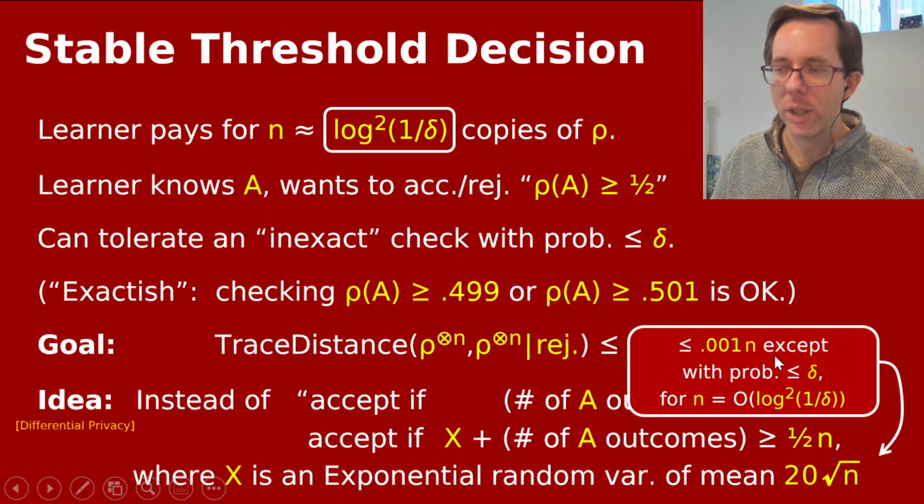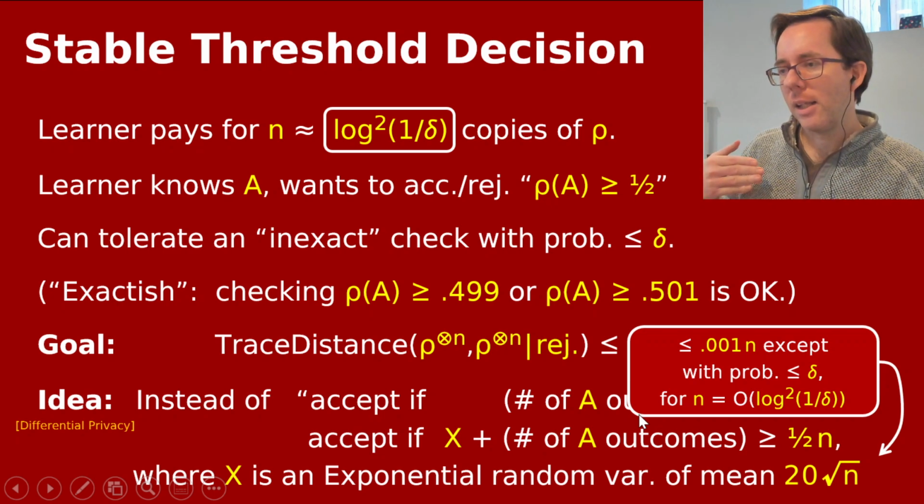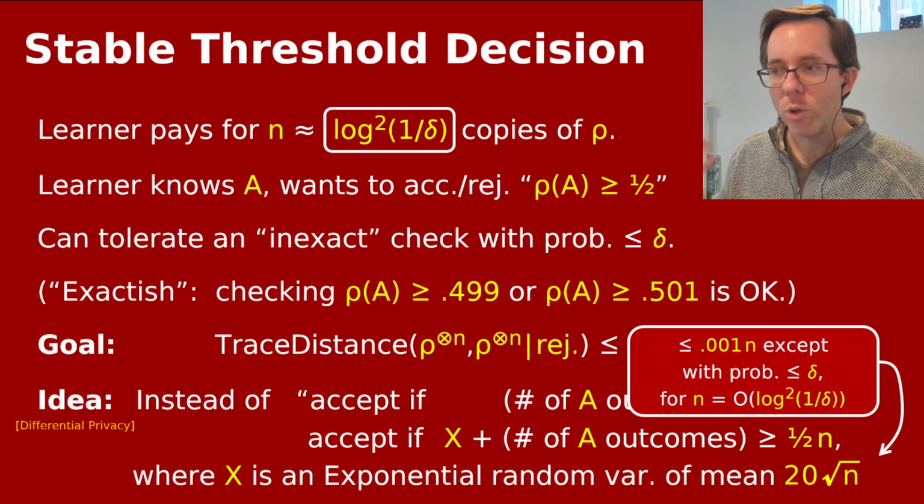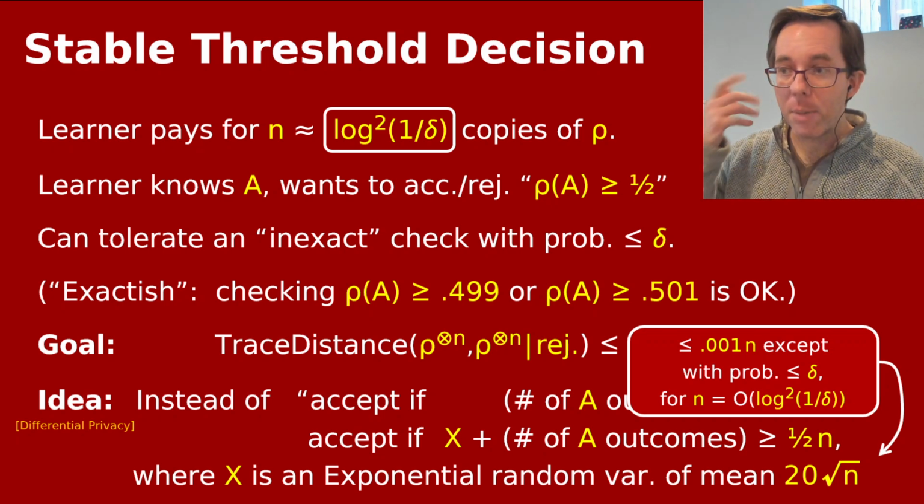That would make for a really inexact check. But 0.001n is like a number of standard deviations proportional to root n. And the probability an exponential random variable is more than its mean by root n standard deviations is like exponential in minus root n.